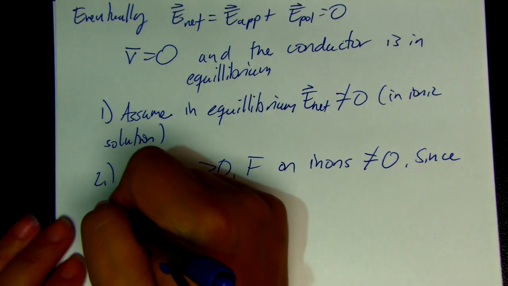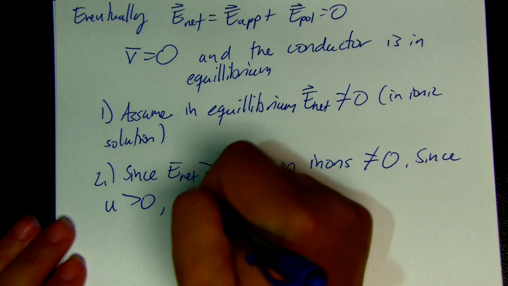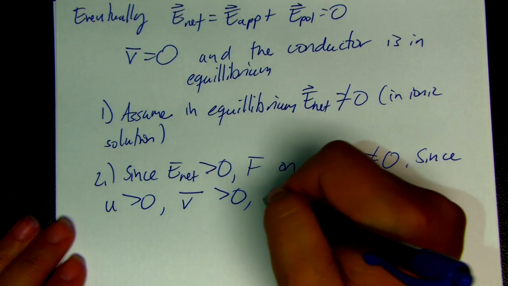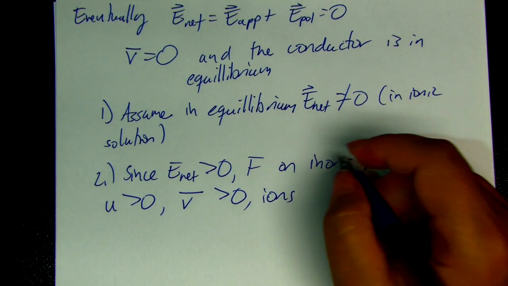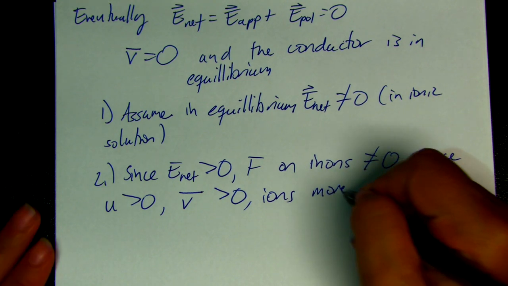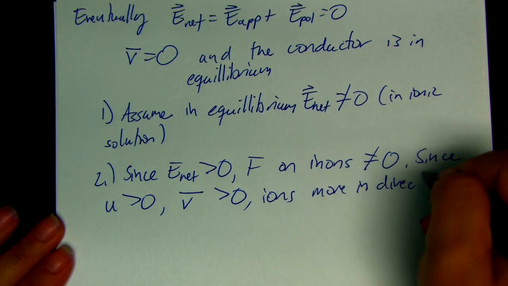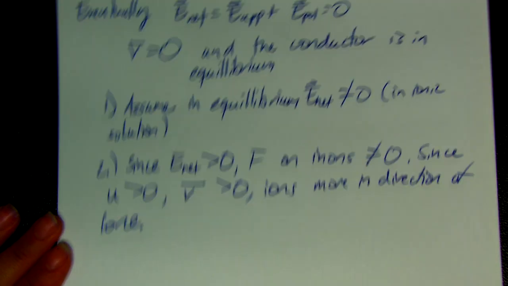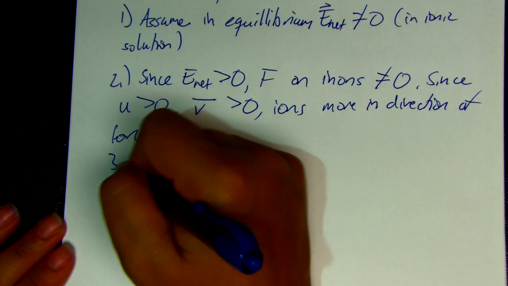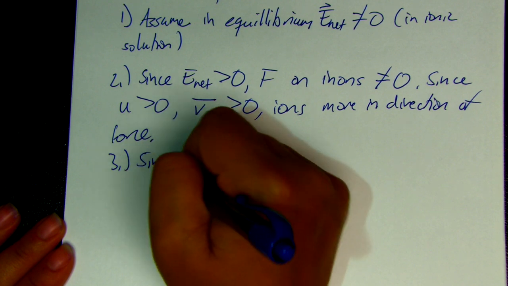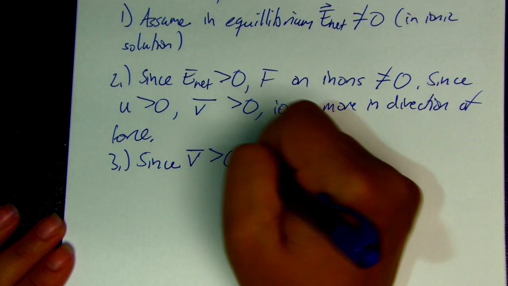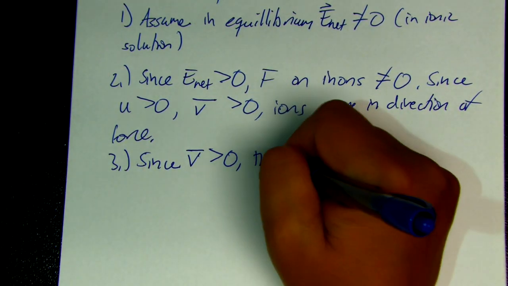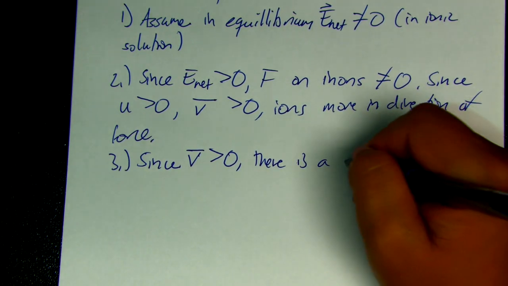Since u is greater than 0 and v-bar is greater than 0, ions move in the direction of force. Since v-bar is greater than 0, there is a net flow of charges.